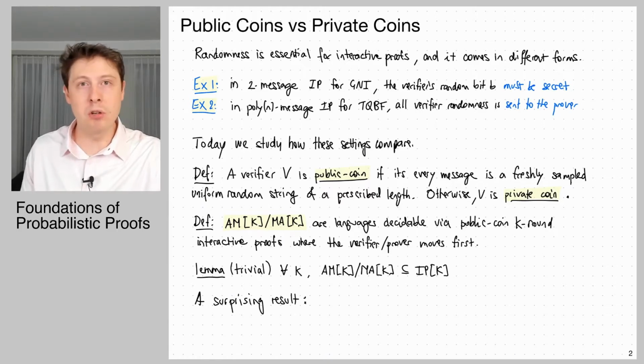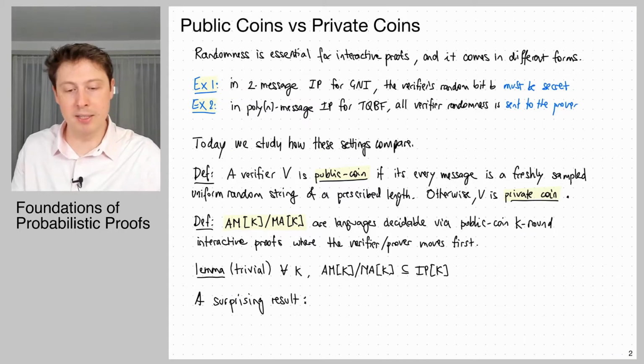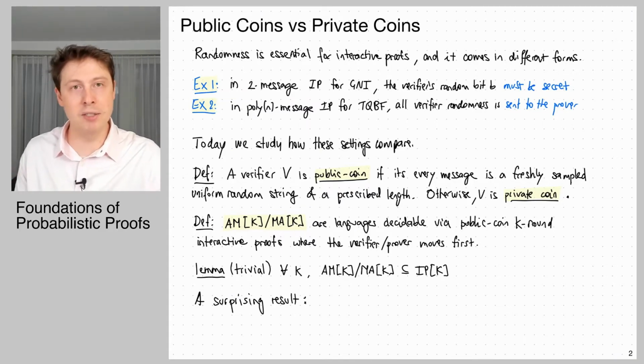So one question we could ask is, maybe they help us with round complexity, because in example 1, we have a two-message interactive proof for GNI, but if we try to construct a public coin interactive proof for GNI, maybe we're going to start using the sum check protocol, and we might get large round complexity. Turns out that's actually not the case.